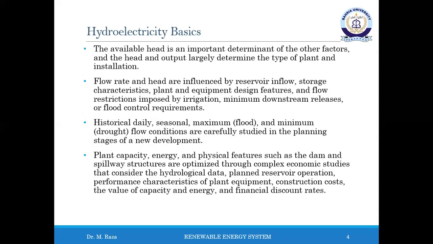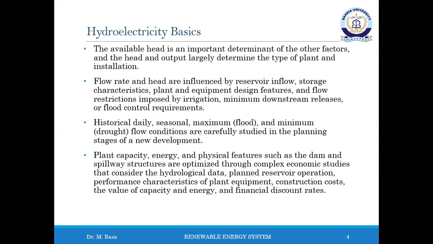Flow rate and head are influenced by reservoir inflow, storage characteristics, plant and equipment design features, and flow restrictions imposed by irrigation, minimum downstream release, or flood control requirements. Historical daily and seasonal maximum flood and minimum drought flow conditions are carefully studied in the planning stage of a new development.